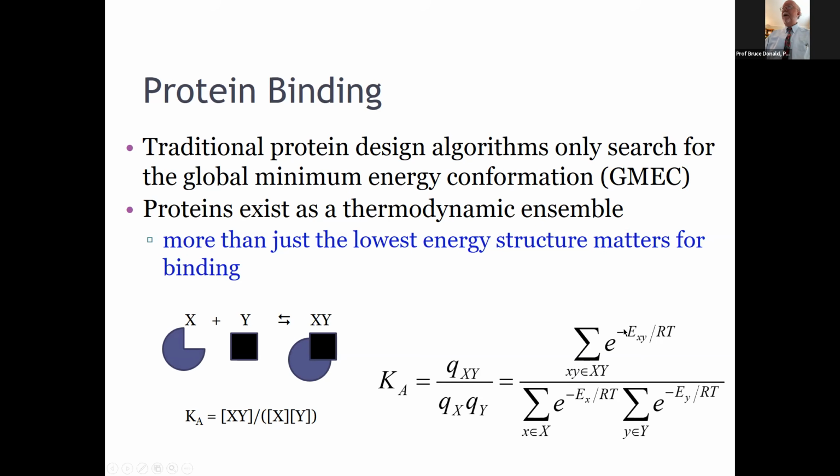And in fact, you have these partition functions. Instead, this is the energy of the bound complex, the energy of the 2 components when they're unbound instead. Think of these as a stream of energies that are weighted by the exponential or Boltzmann function here. And this actually turns out to be exactly the same quantity as if you measured the concentration of the complex divided by the concentrations of the 2 components here.